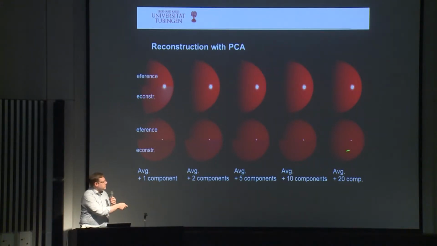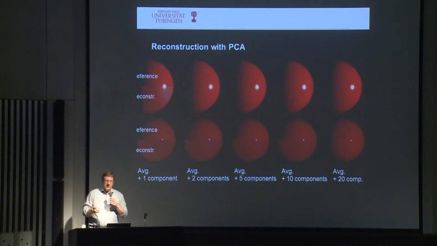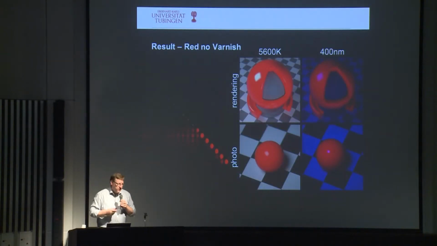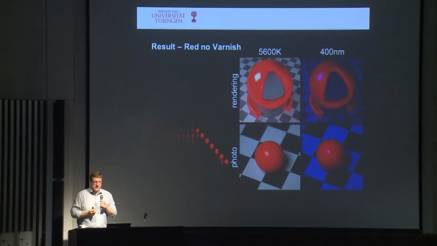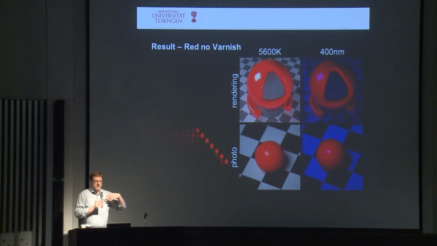And up to 20 components sometimes are necessary to fully recover the angular dimensionality. But with that, we can now very faithfully measure materials and how they reflect light, so that we can afterwards re-illuminate these materials and represent them in arbitrary illumination conditions.